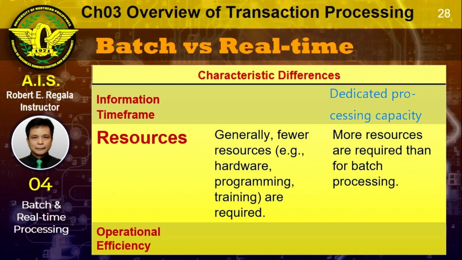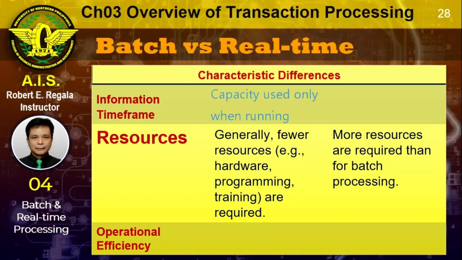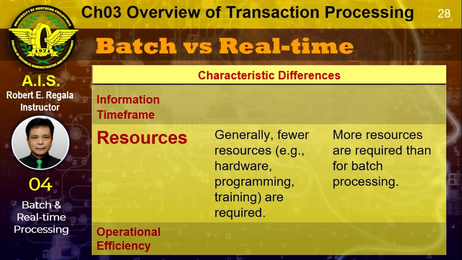Thus, implementing a real-time system may require either purchase of a dedicated computer or an investment in additional computer capacity. In contrast, batch systems use computer capacity only when the program is being run. When the batch job completes processing, the free capacity can be reallocated to other applications for other operating purposes.